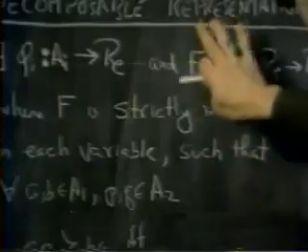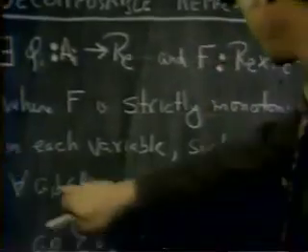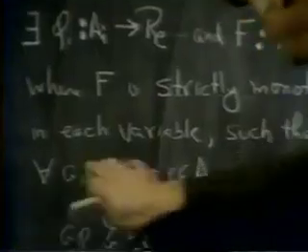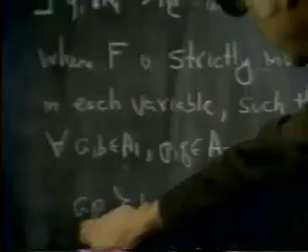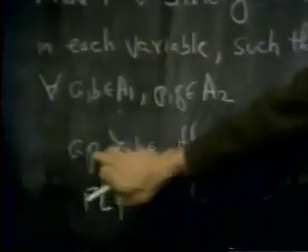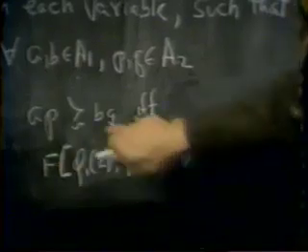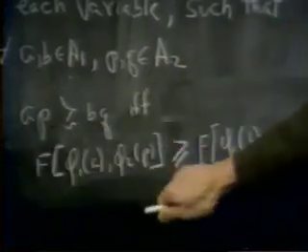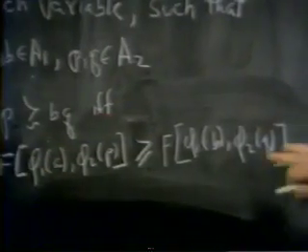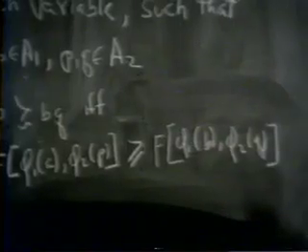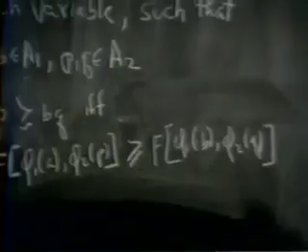Then we'll say this constitutes a decomposable representation if for every A and B in A1 and P and Q in A2, the ordering AP is greater than or equal to BQ holds qualitatively if and only if the composition of phi1 of A, the scale value associated with A, combined through the function F with the scale value associated with P, is greater than or equal numerically to the scale value of B combined through F with the scale value of Q. Now, not everything you can think of is a decomposable representation.